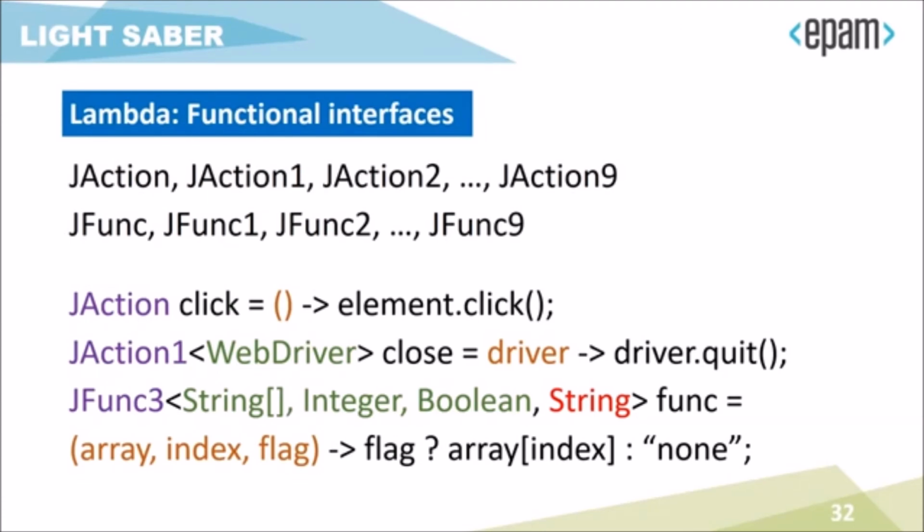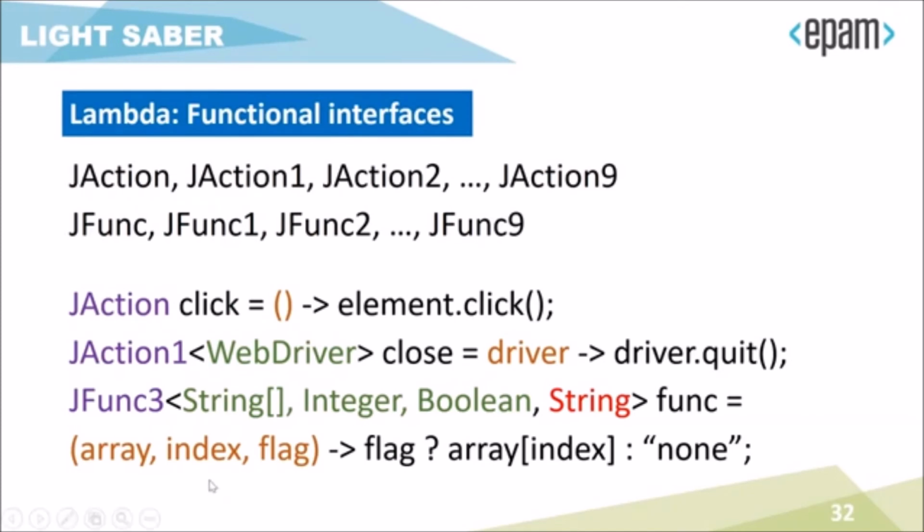I think this will cover almost all cases that you have in your real-life development, and you can use these interfaces in your application. They have the same naming for any number of variables, and you can easily remember what you want from your interface.